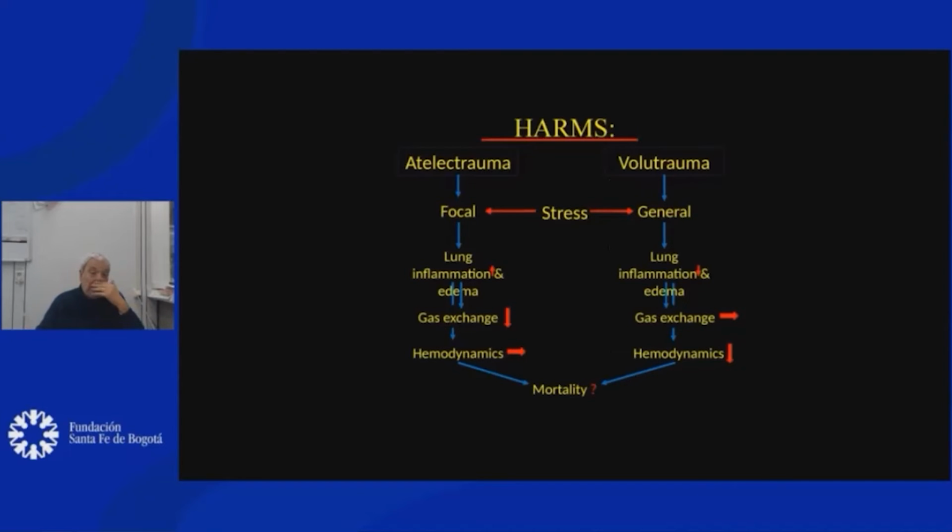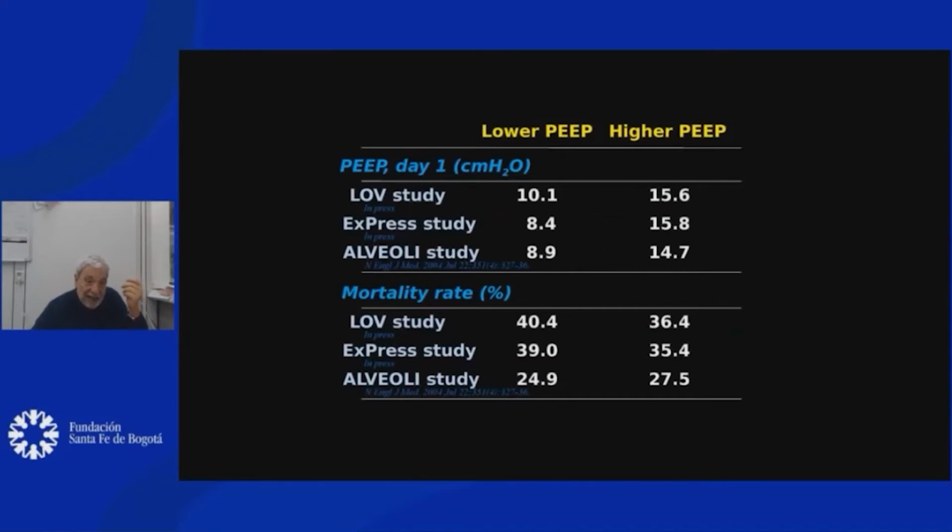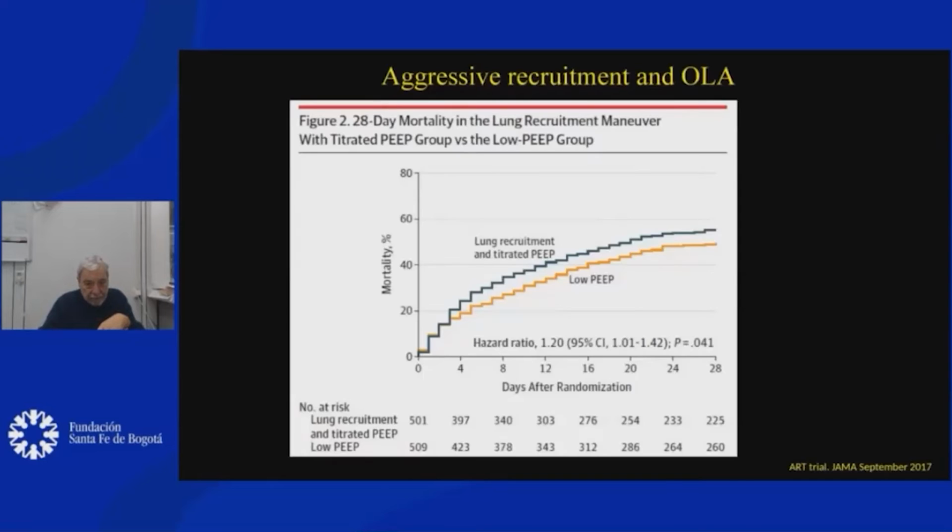And if we look at the study we did in this range of PEEP, the risk of atelectrauma and the risk of volutrauma in the general ARDS population are very similar. We cannot distinguish. But if we exceed 15, the PEEP definitely is dangerous. So be careful of PEEP.